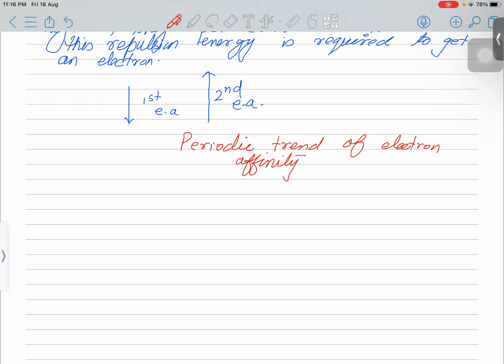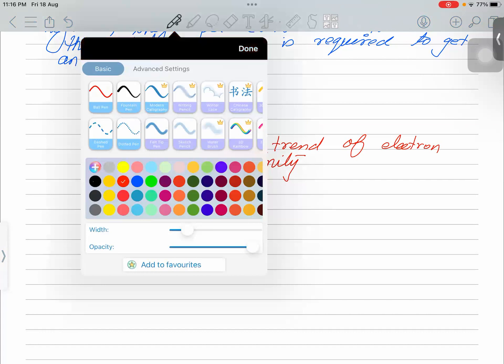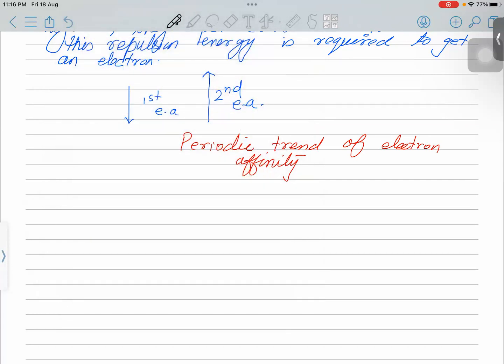Yes, look at the periodic table, right? For group 16. Look at group 16: oxygen, sulfur, selenium, tellurium.